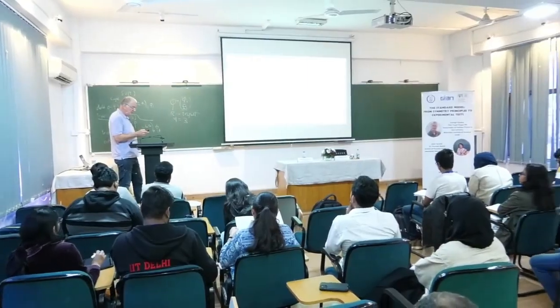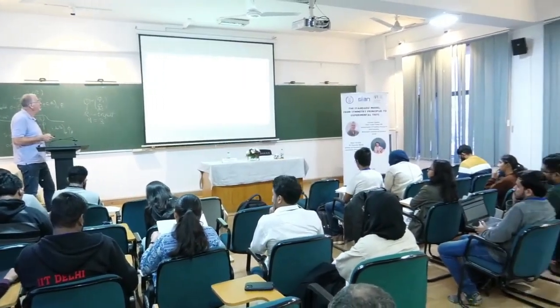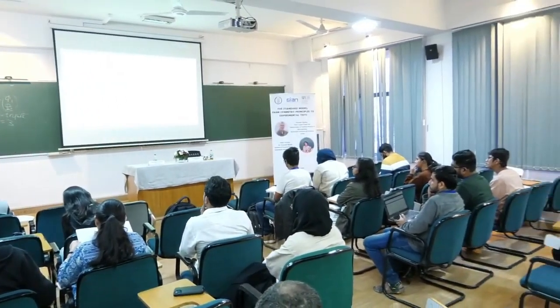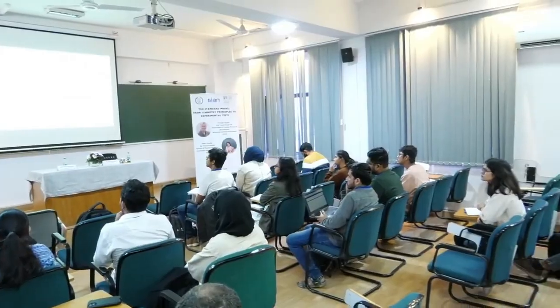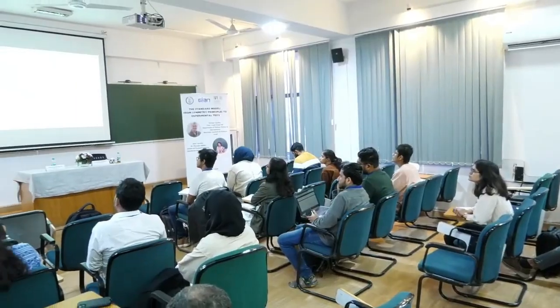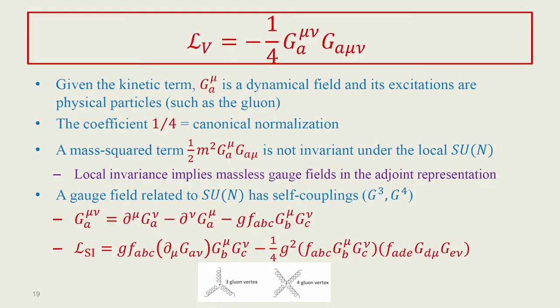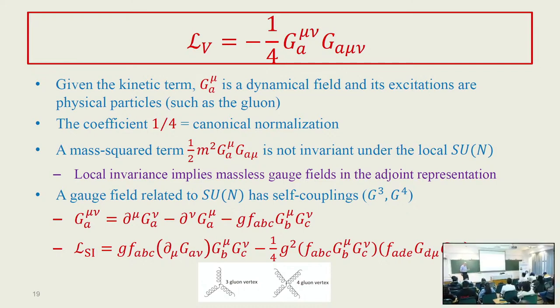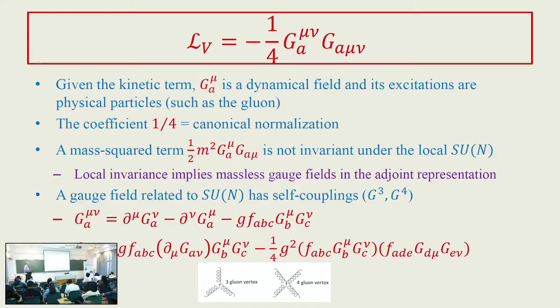So these are the Lagrangian terms that are made purely from a vector boson in the adjoint representation of the SU(N) group. Once we have it, it has a kinetic term for this gauge boson. So these gauge bosons are now dynamical fields. There are physical particles related to them, and the best-known example is the gluon for local SU(3).